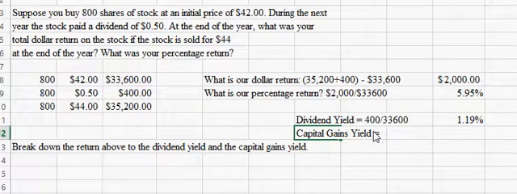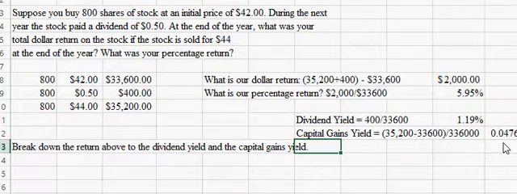The capital gains yield is equal to the initial investment taken away from the ending money over the initial investment. So in other words, the gain. So 1,600 divided by 33,600 as a percentage.